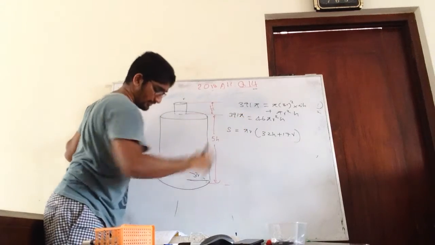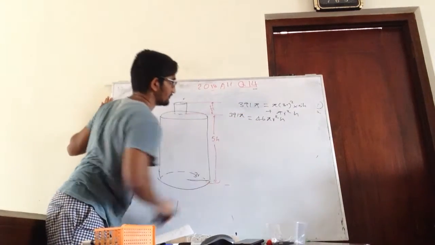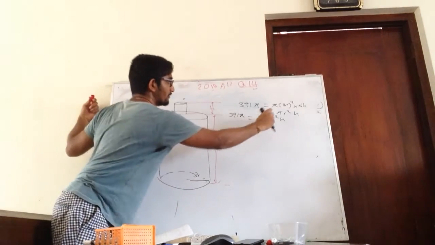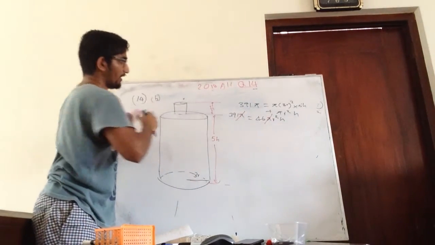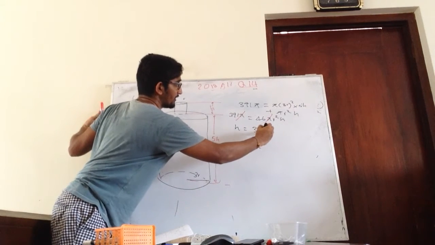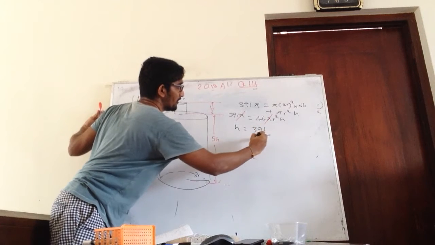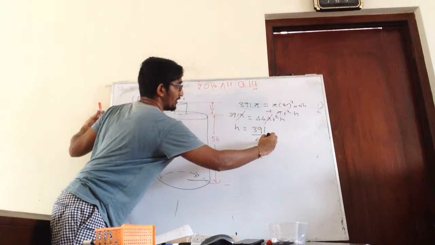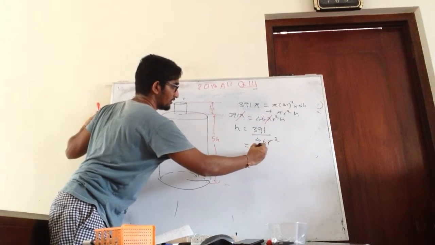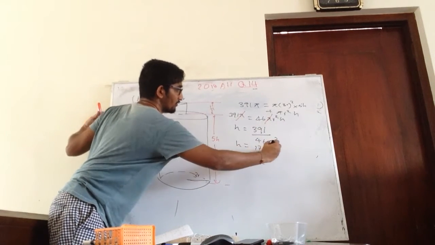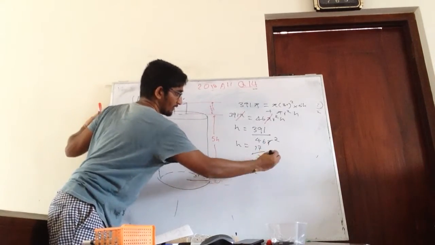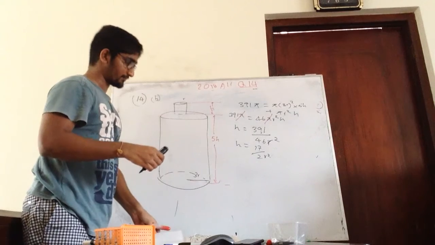So if you divide this, so you can cut this 5 off and you can get h as 391 over 46 r square. So you can get 17 over 2 r square for h, right?